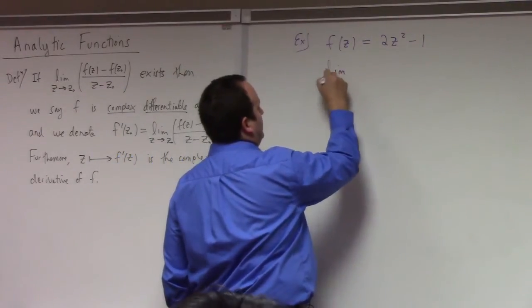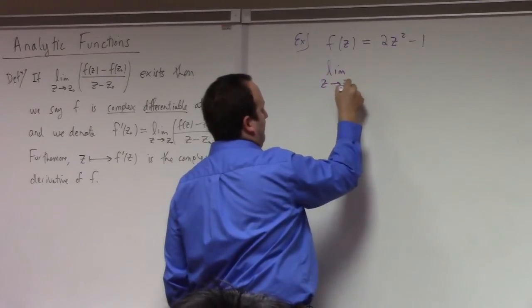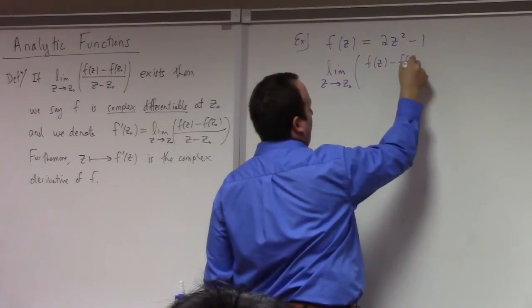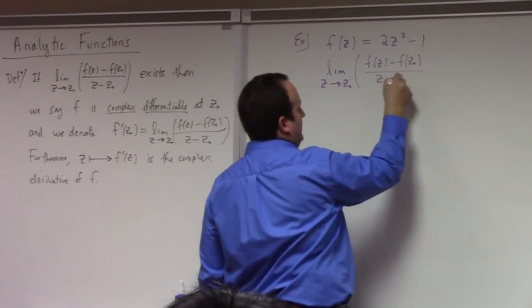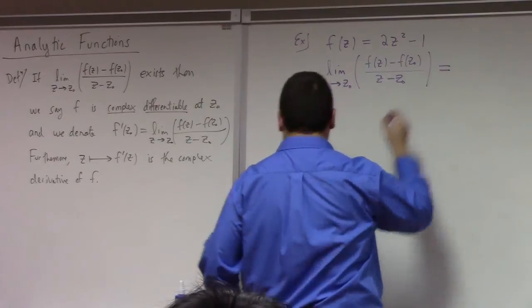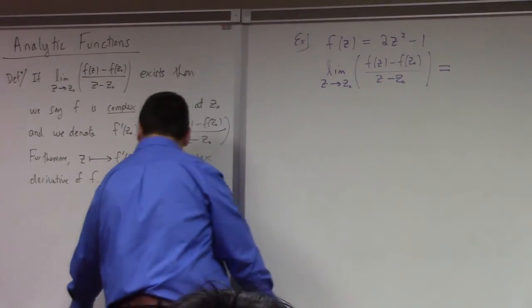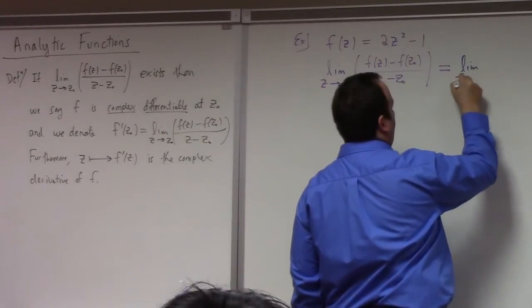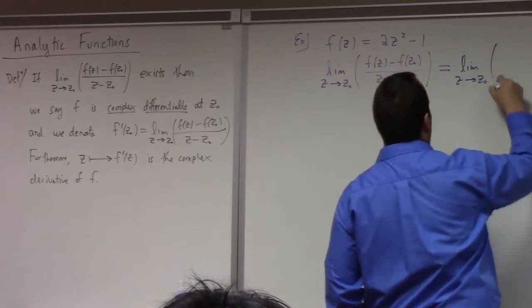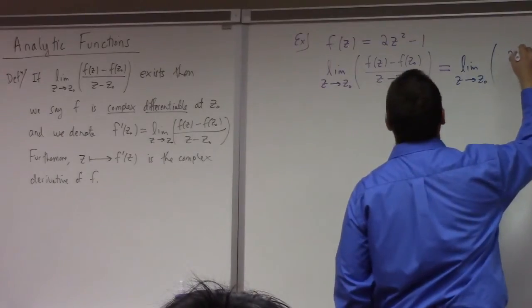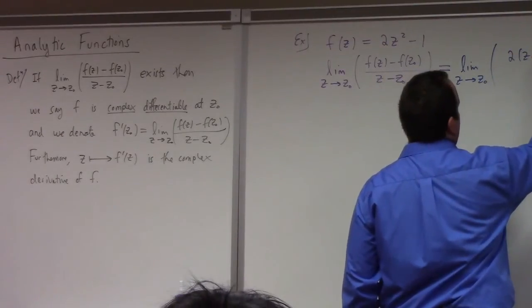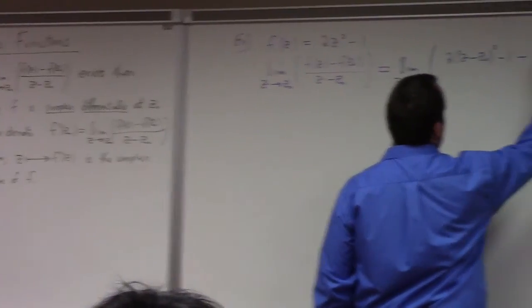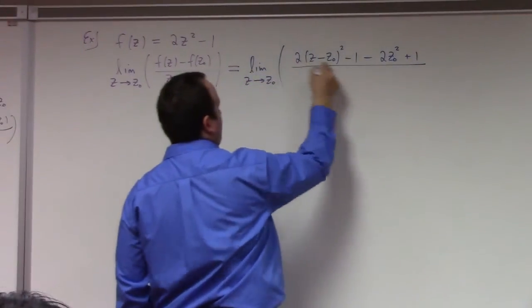We take the limit as z goes to z naught of f of z minus f of z naught divided by z minus z naught. What's this give us? So we have 2 z minus z naught quantity squared minus 1 minus 2 z naught squared plus 1, all divided by z minus z naught.